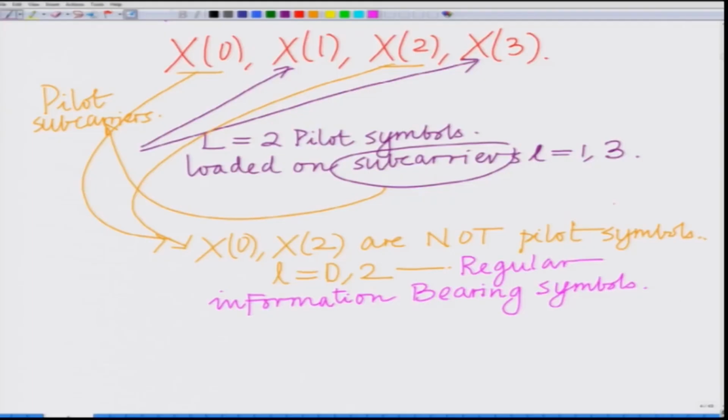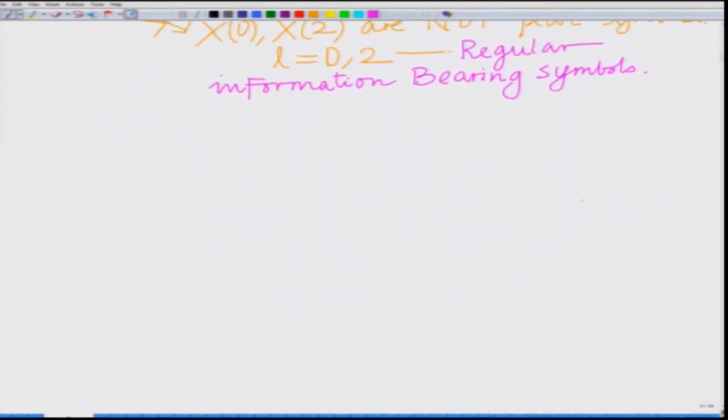If you look at the symbols loaded onto the subcarriers, they have the following structure: x0, x1, x2, x3.